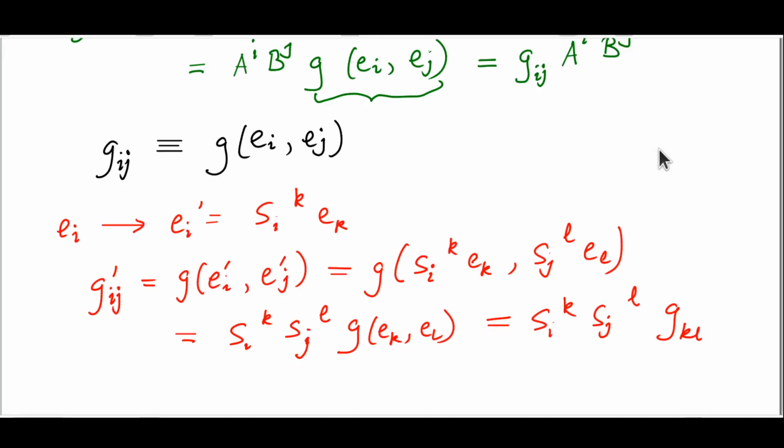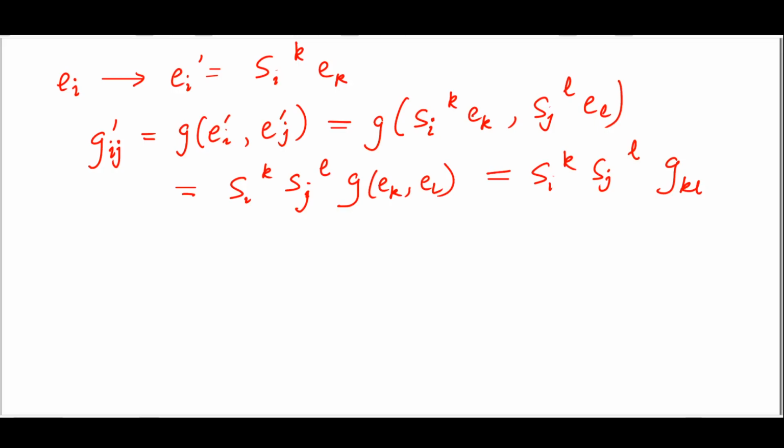Thus, we see that the transformation rule for the components of the metric tensor follows naturally from the fact that the metric tensor maps two vectors linearly into a scalar. In order to figure out what would happen under a general coordinate transformation, all you really need to do is remember this translation rule that what is S lower i upper k for a general linear transformation transforms to del x'_i del x_k in the case of a general coordinate transformation.